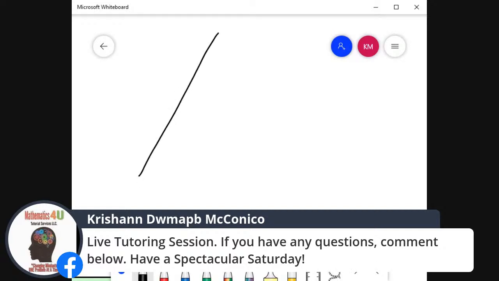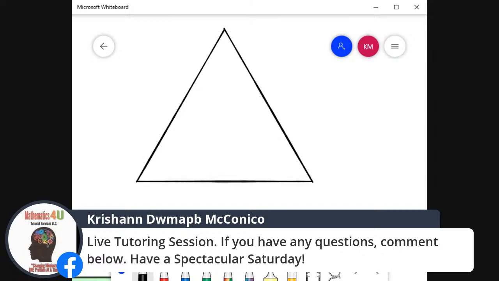Say, for instance, I have a triangle. Now, perimeter. Perimeter, of course, is the adding of all the outer sides.